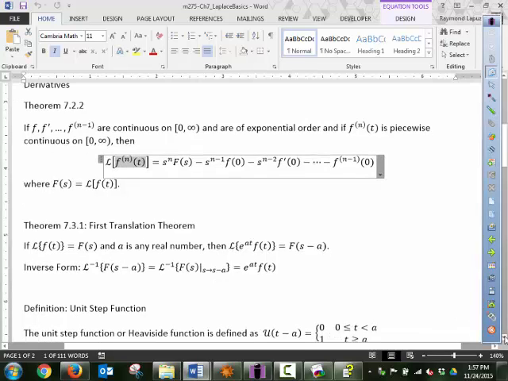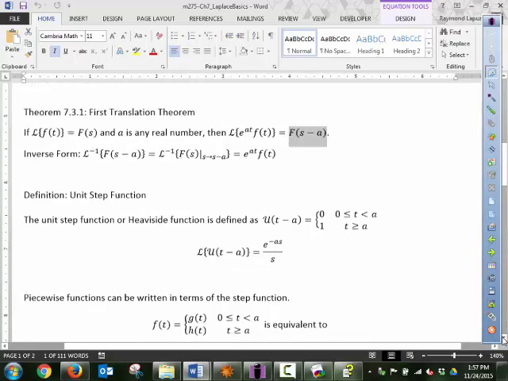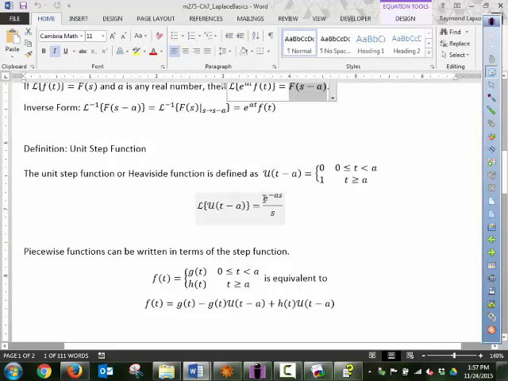When you have a translation in the s, it gets translated back with an exponential function in the t world, and then vice versa. If you do a translation in the t world, it comes back with a translation in the s world, with an exponential in the s world.